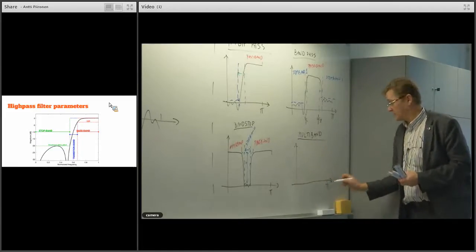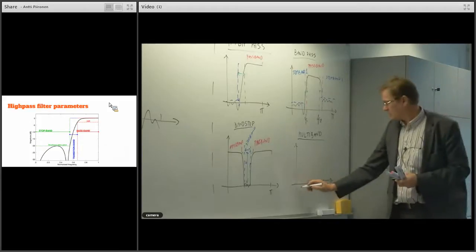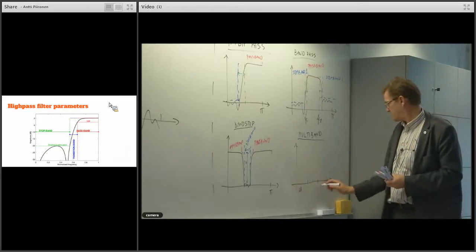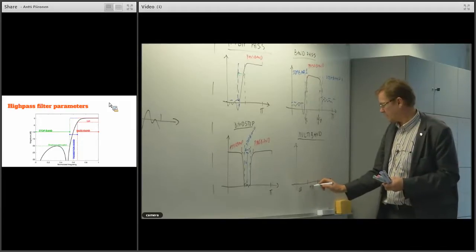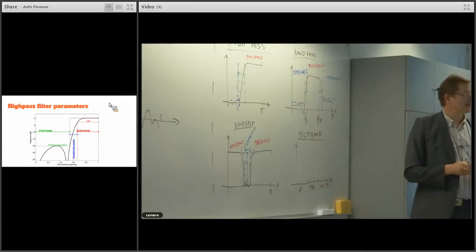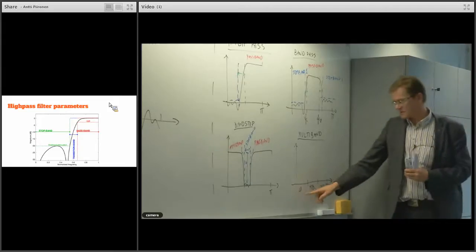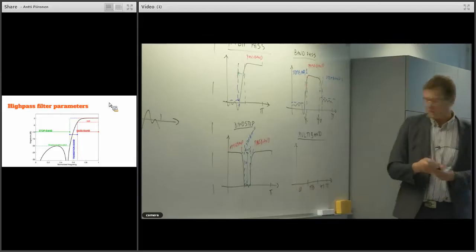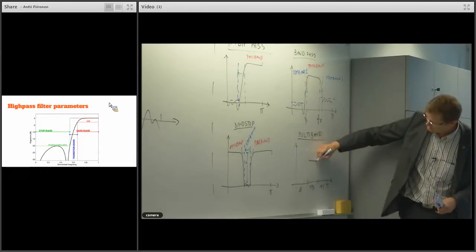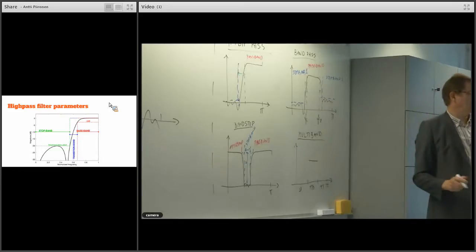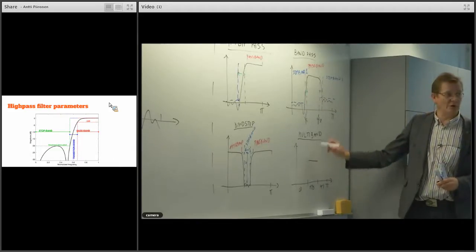For example, in audio we have a multi-band filter: low frequencies, high frequencies, and middle frequencies. Right. Or treble, bass and middle. Usually this middle one is fixed, and you have only 2.